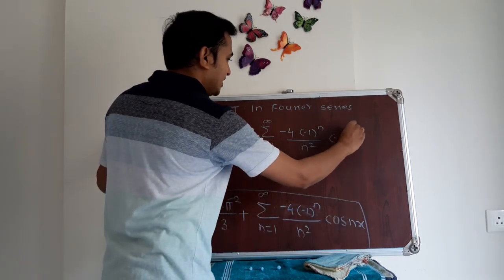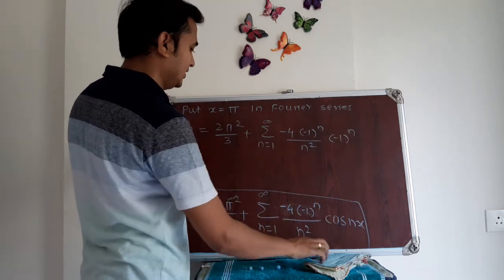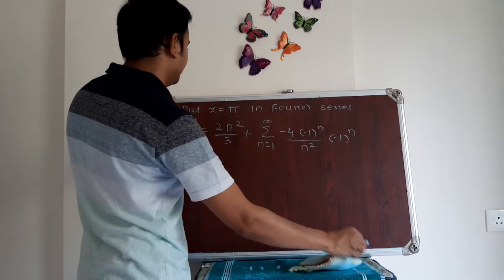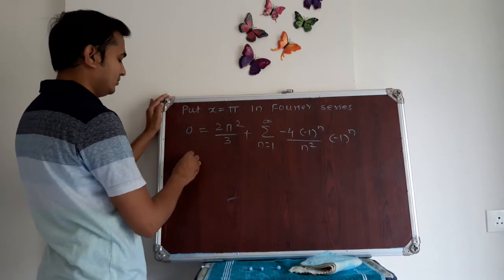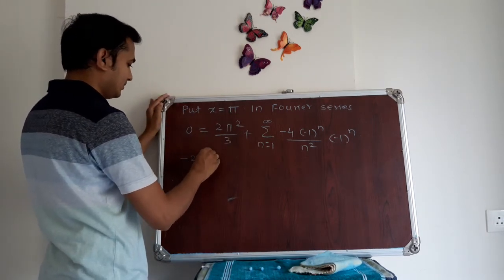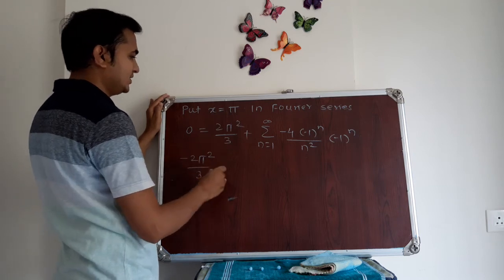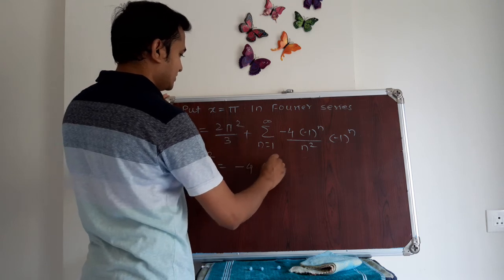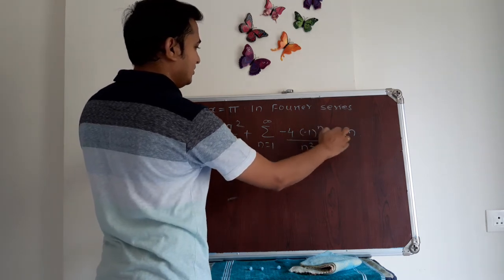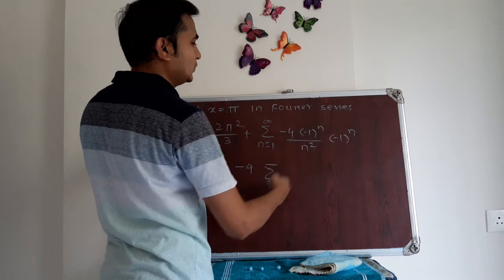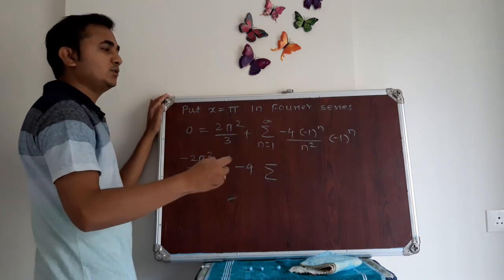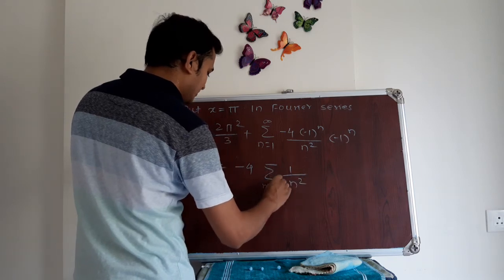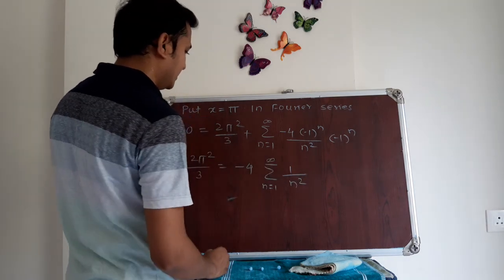Cos n pi is minus 1 raised to n, that we have already derived. So this 2 pi square by 3, if you bring to this side, it will become minus, equal to this minus 4, you can take out, summation of minus 1 raised to n plus this n, so minus 1 raised to 2n, minus 1 raised to some even number, that becomes 1, so n running from 1 to infinity.